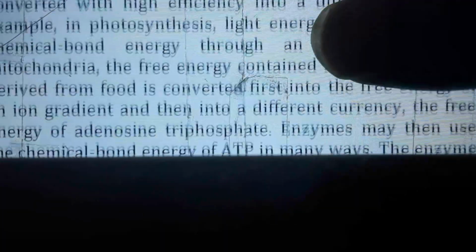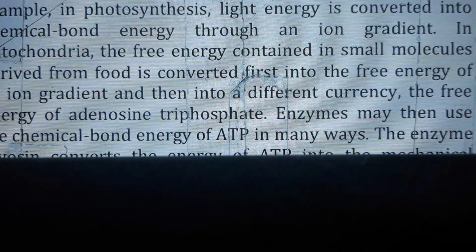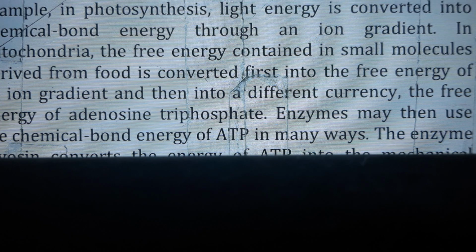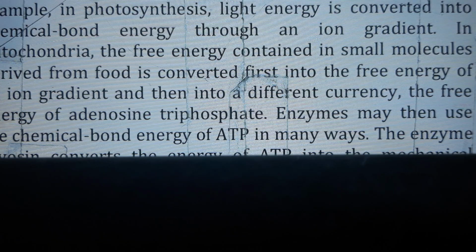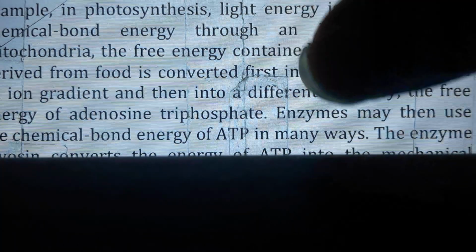For example, in photosynthesis, light energy is converted into chemical bond energy through an ion gradient. In mitochondria, the free energy contained in small molecules derived from food is converted first into free energy of an ion gradient and then into a different currency, the free energy of adenosine triphosphate.